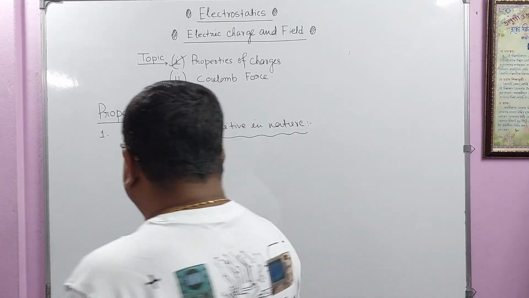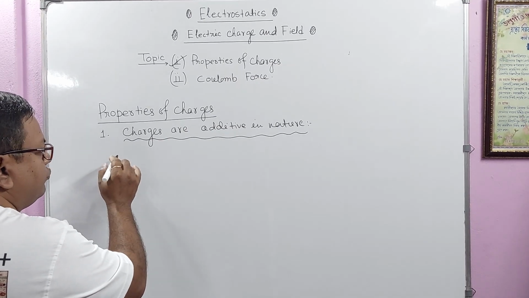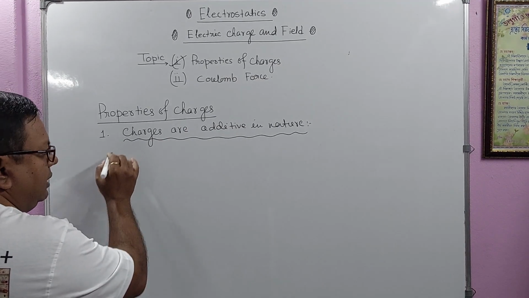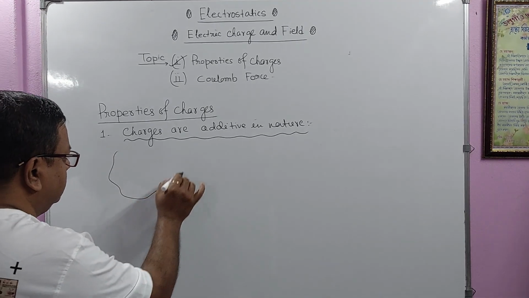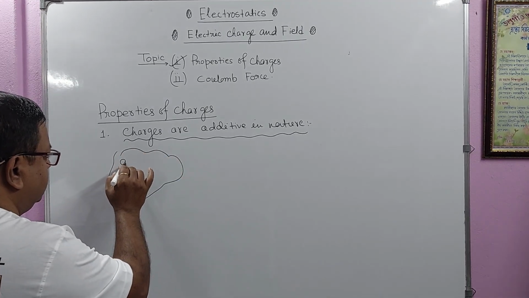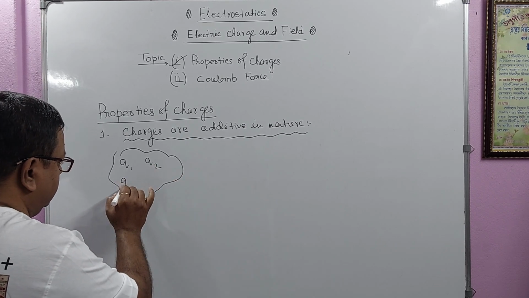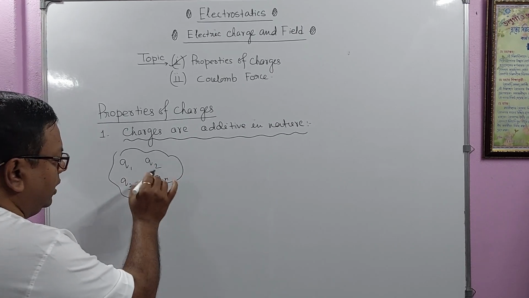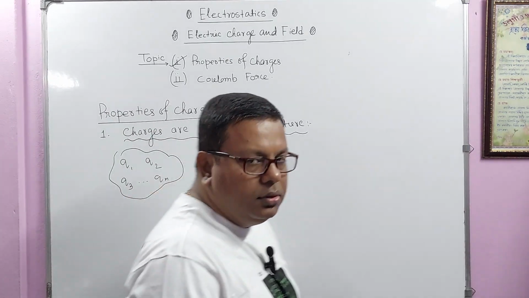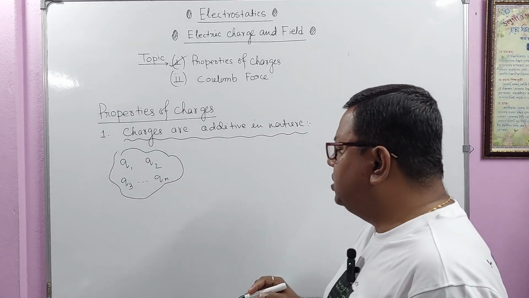So let's do it. Suppose we are considering a system, and in the system there are Q1, Q2, Q3, up to Qn number of charges. So what is the total charge?